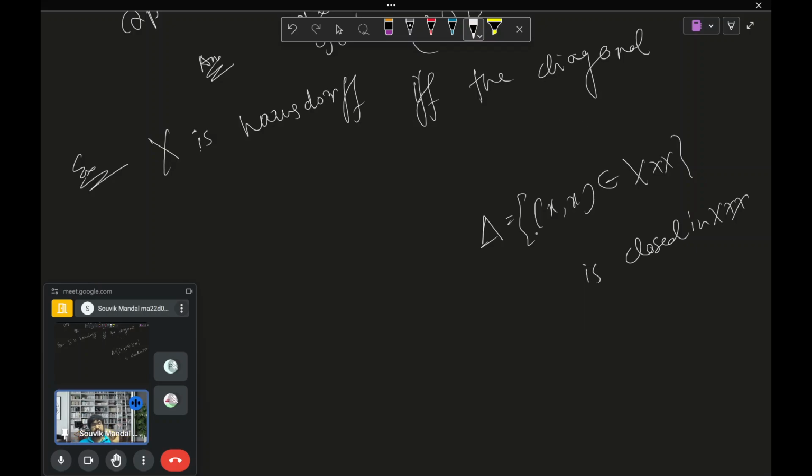The given space is Hausdorff if and only if the diagonal is closed in X cross X. You just need to proceed along with the definitions of open set, closed set, Hausdorff, etc. There is nothing extra to this. Let's first try it yourself.